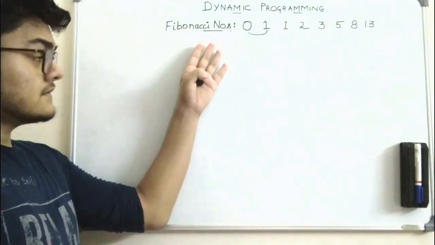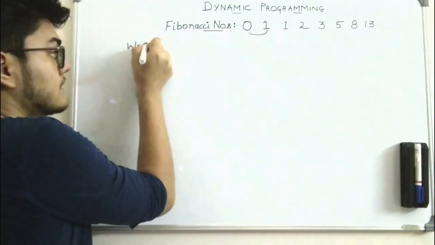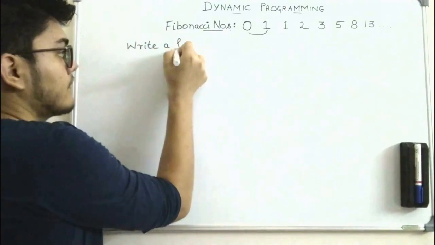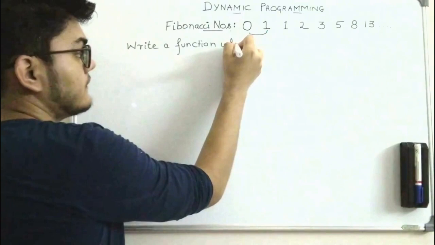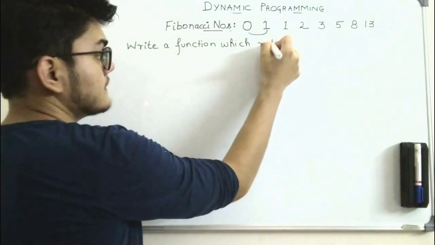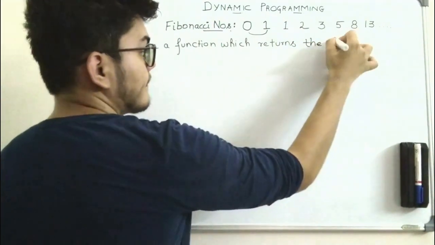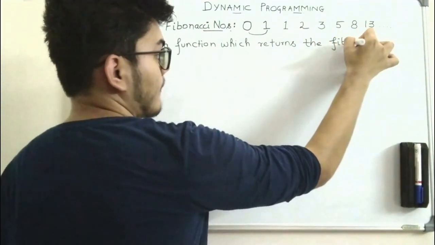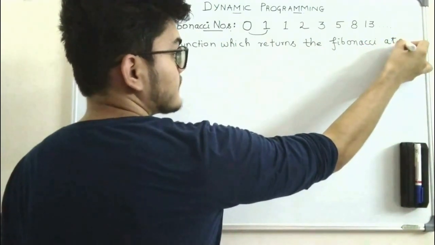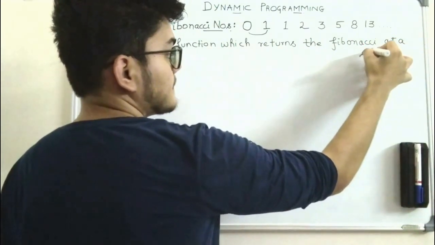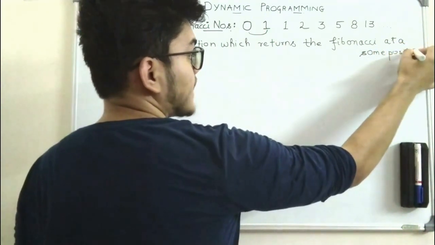So our task is to write a function which returns the Fibonacci number at a particular position, and we are going to specify this position at the time of the function call.